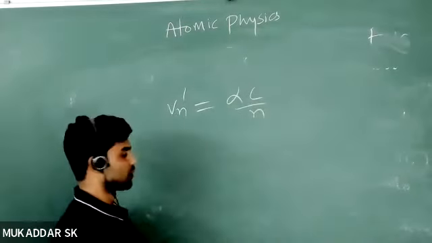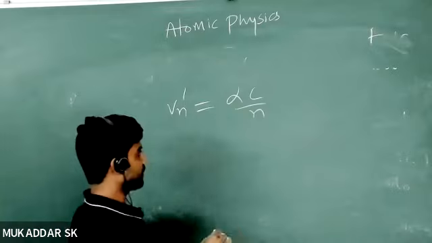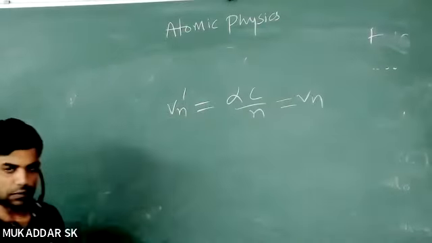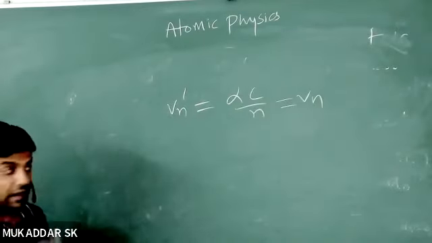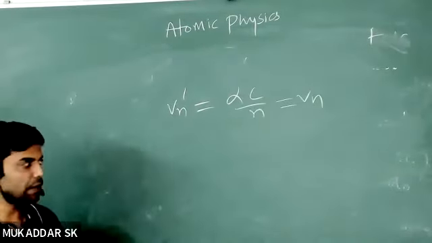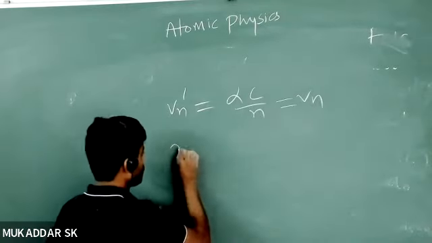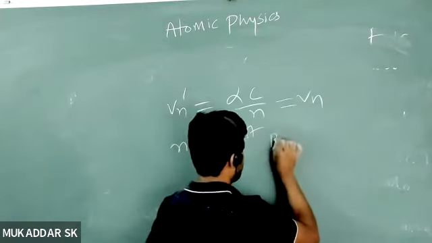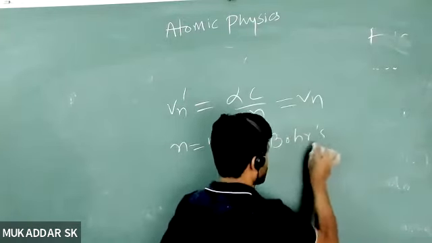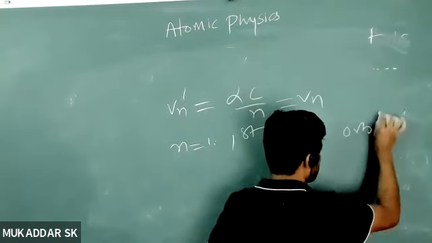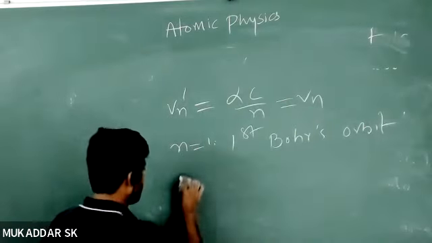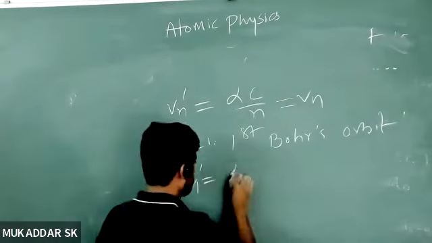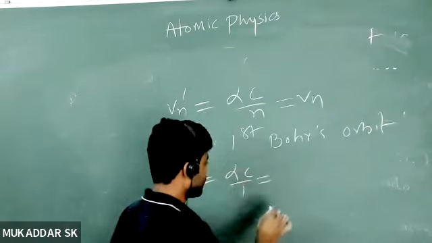If you remember, the first orbit, and that is nothing but Vn. So due to the mass effect, there will be no change in speed. Please keep in mind. So for n equals 1, this is known as the first Bohr orbit. So V dash will be nothing but alpha c divided by 1, and that is alpha c.